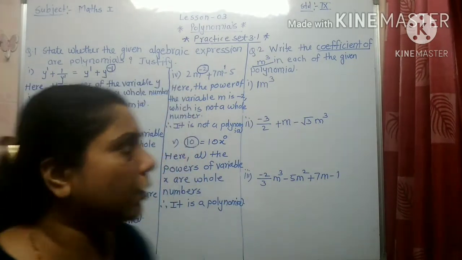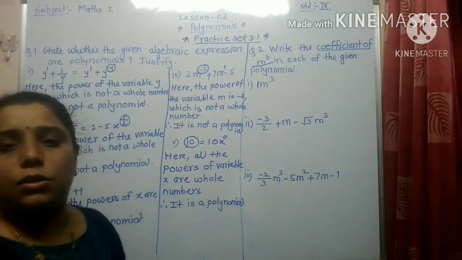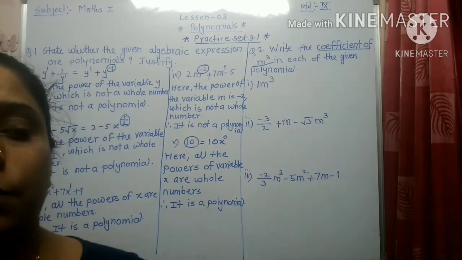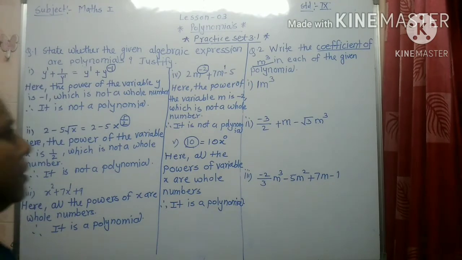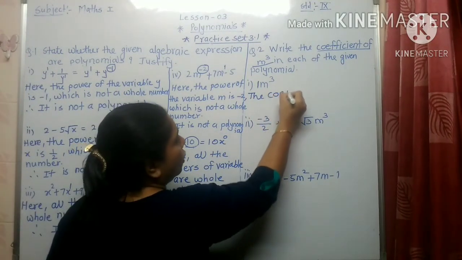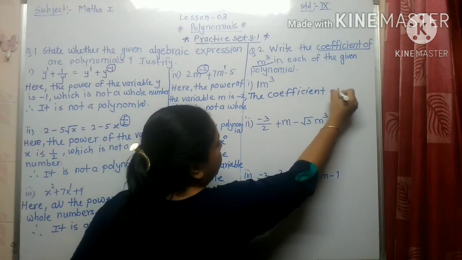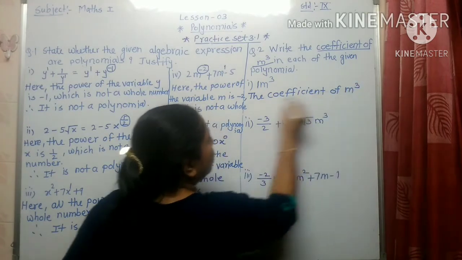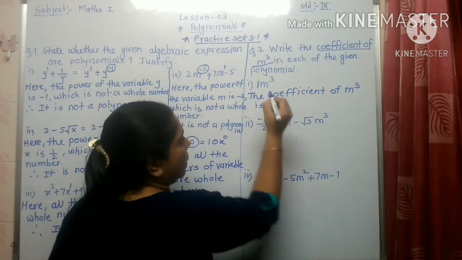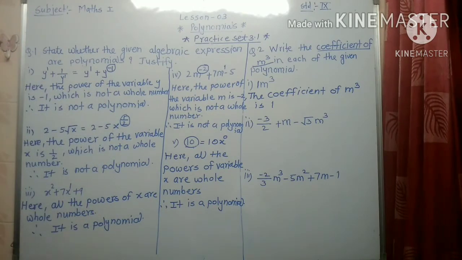Always remember. Okay. So here in this case, the polynomial, therefore I will write the coefficient of m cube is 1, or you can write +1. It is also correct. Understood?